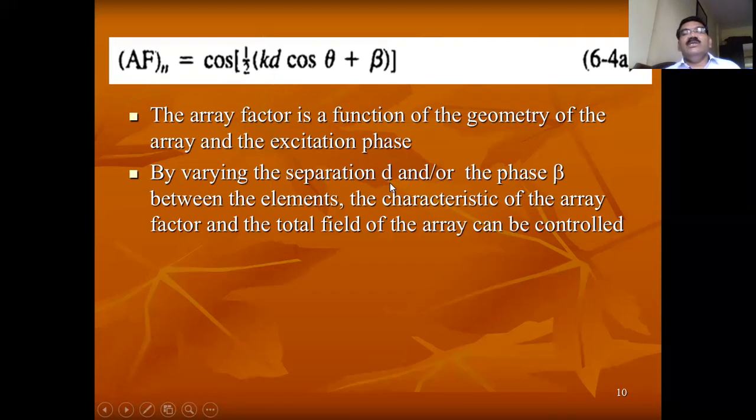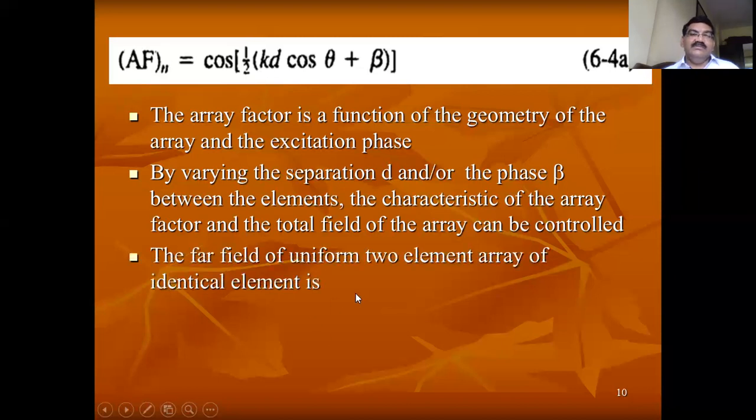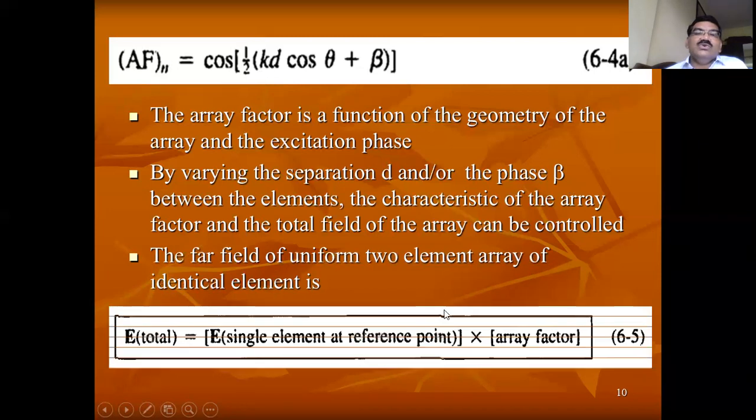That is, the distance between two elements, as we are discussing for the two element array, and beta is the phase excitation. Now here the far field of a uniform two element array of identical elements can be given.